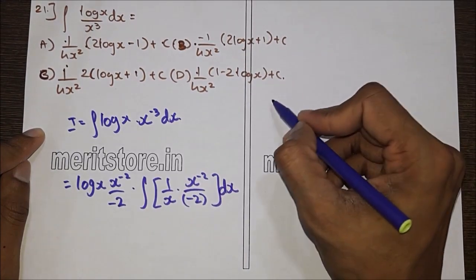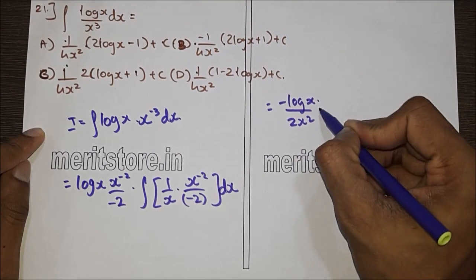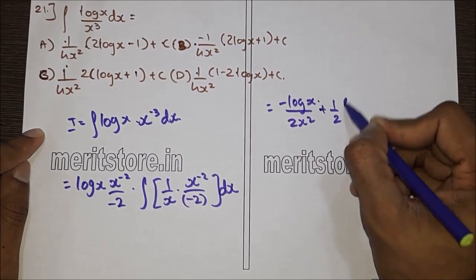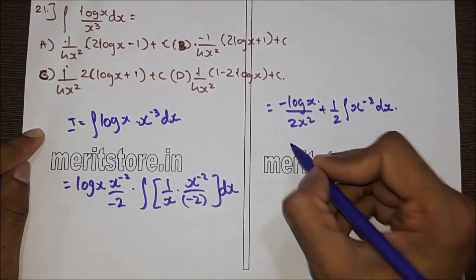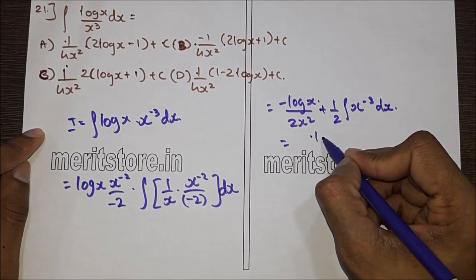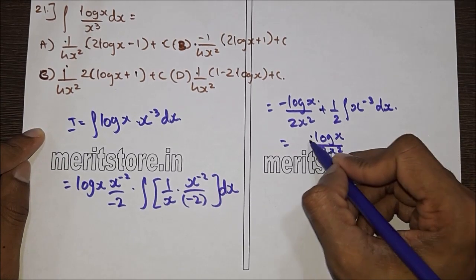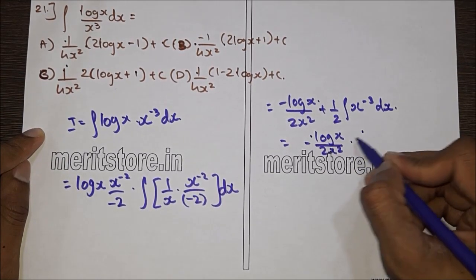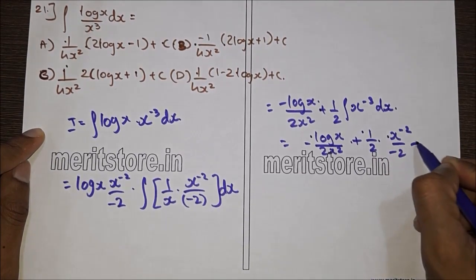For the solving, we get minus log x upon 2x square plus half integral x raised to minus 3 dx, which is equal to minus log x upon 2x square plus half x raised to minus 2 upon minus 2 plus c.